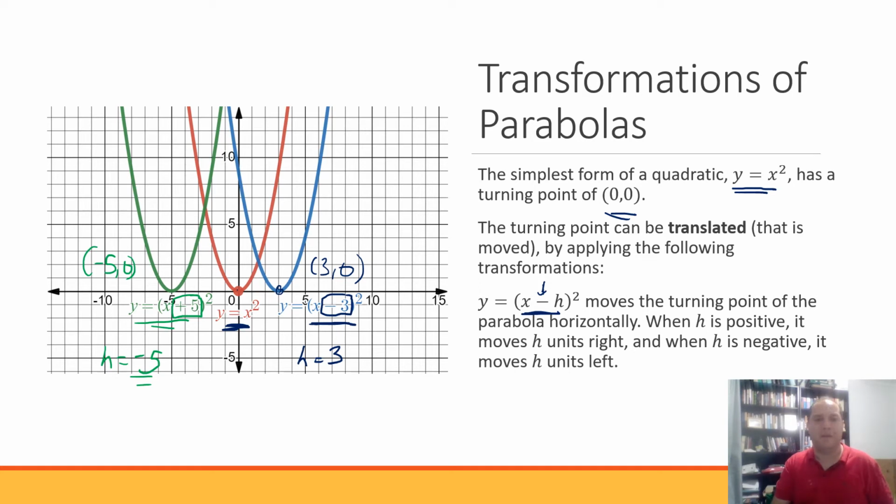So where the turning point has moved to horizontally is the opposite of how it looks in the formula. If it's x minus 3, it's shifted the turning point to the right, 3 places. If it's x plus 5, it's moving negative 5 places, so 5 places to the left. It works the opposite way around when it's in brackets.